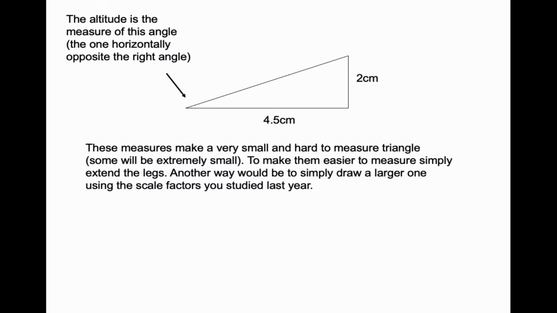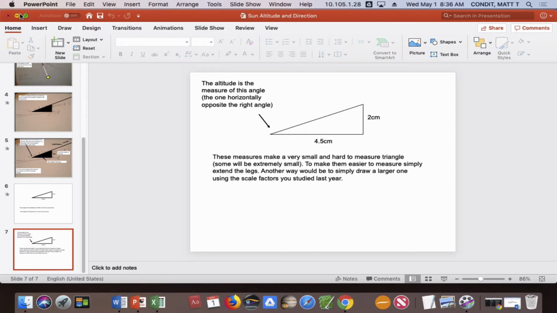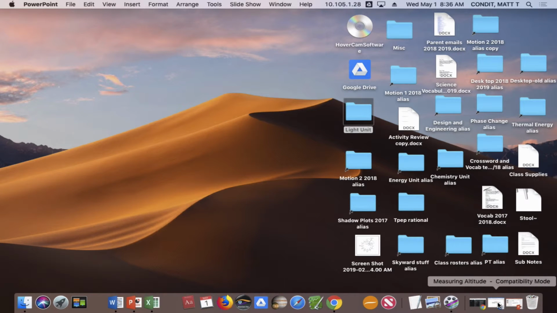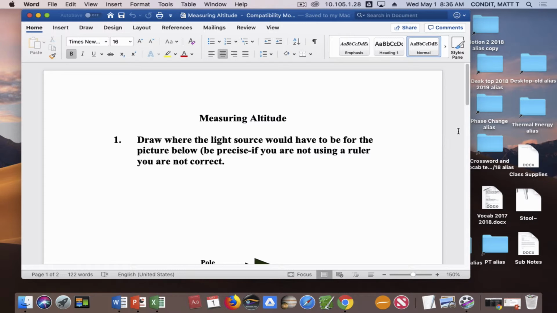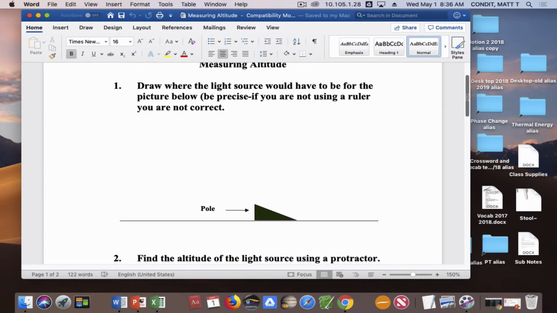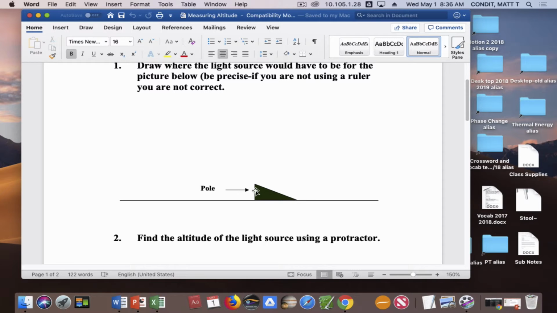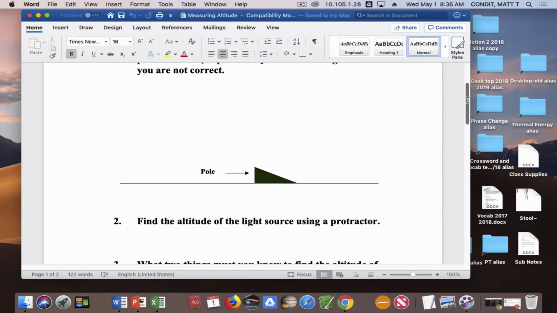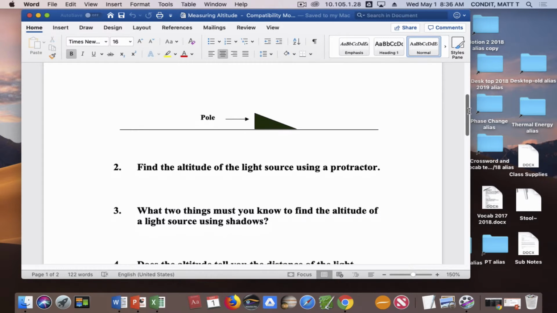So that is what you're going to be doing in the show. This is the measuring altitude worksheet that you would have missed if you're watching this movie. Again, this is just showing a little shadow triangle just like it's made on our shadow plots, and to find the altitude of that, we can just measure that angle.